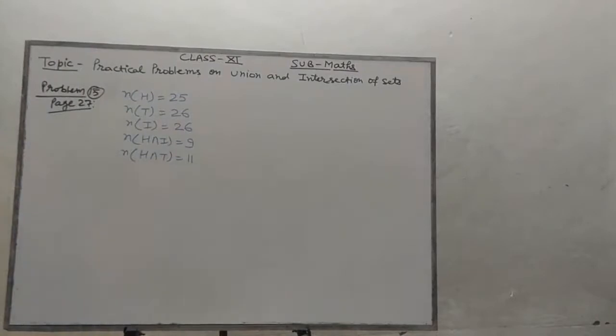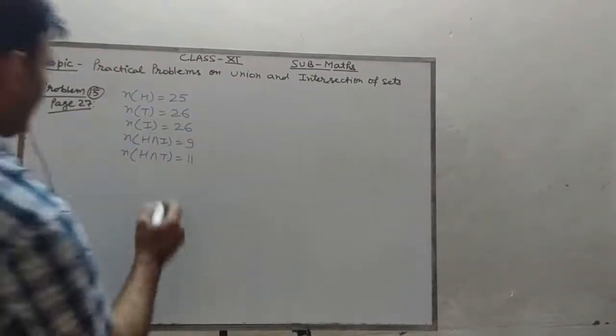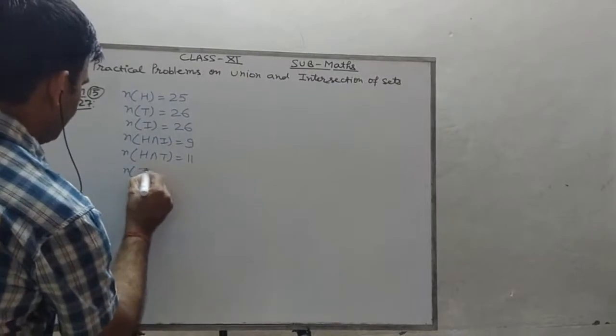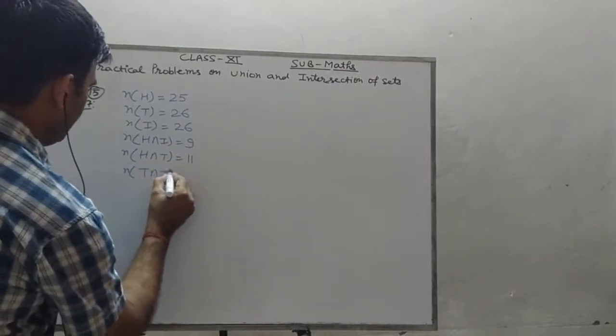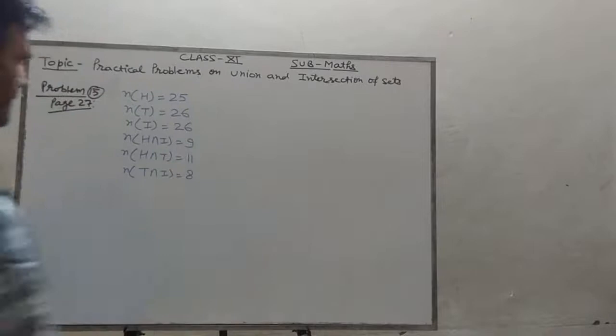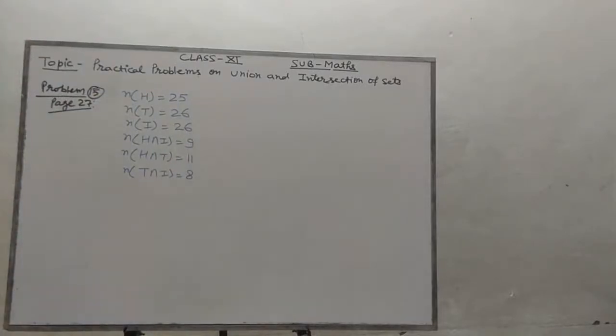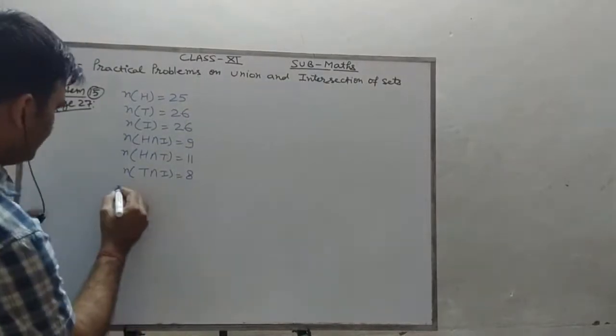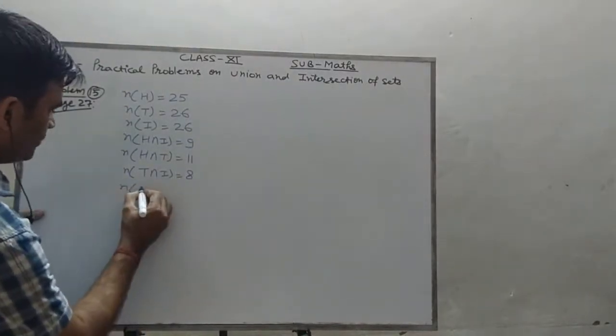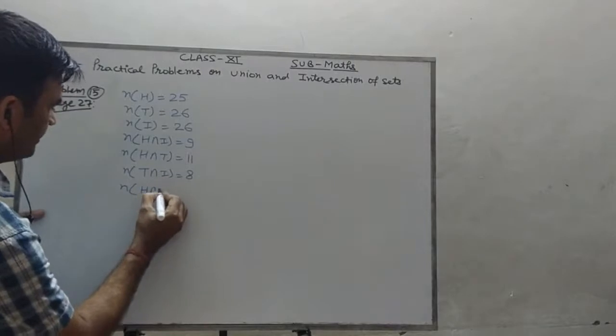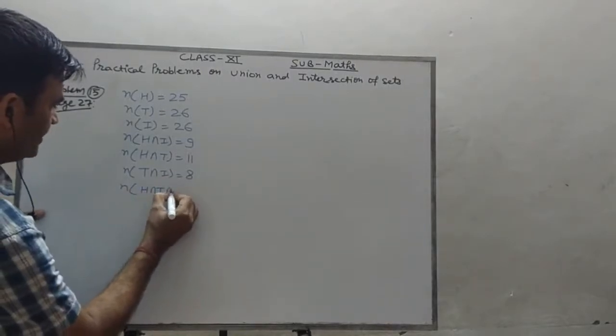Then 8 read both T and I. Number of elements in T intersection I equals 8. And 3 read all the three newspapers, H intersection T intersection I.